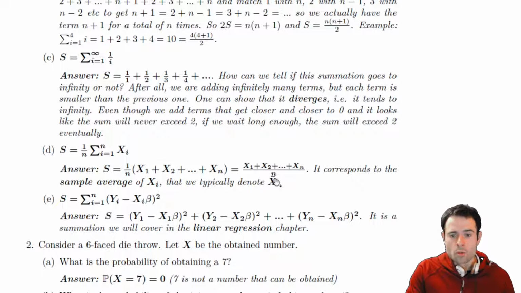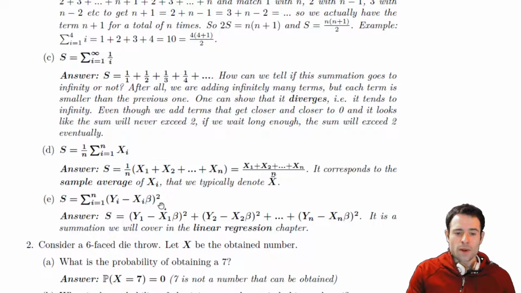You can see an upper bar here on the x, and this is the average x, the average weight, for instance, in my sample. We will go over this kind of summations very soon once we talk about estimation and inference. Once we talk about working with samples, we are going to deal with this kind of summation terms. So make sure you're comfortable with them.